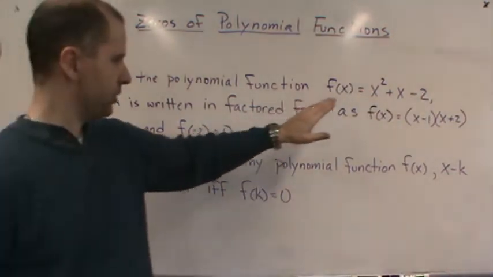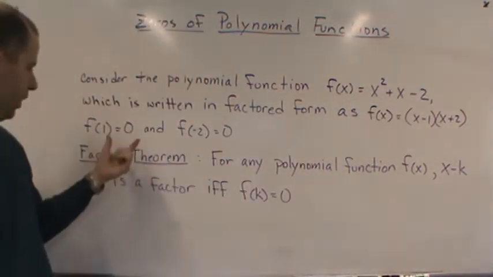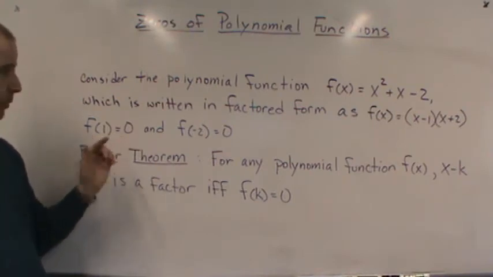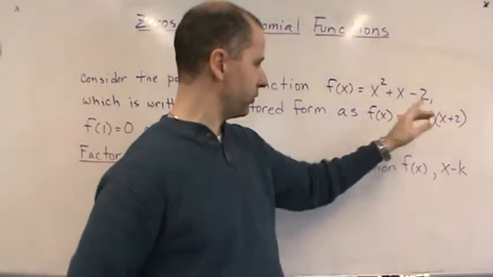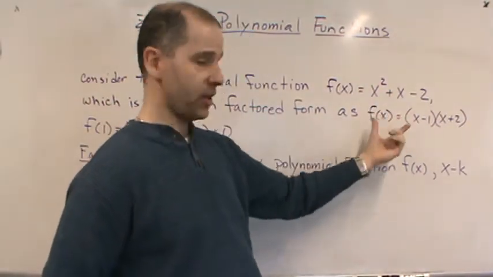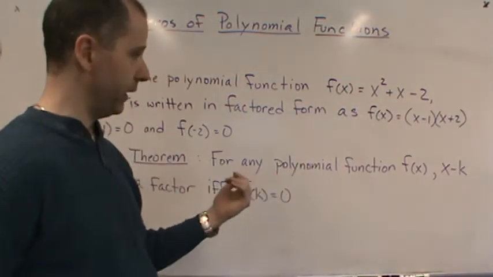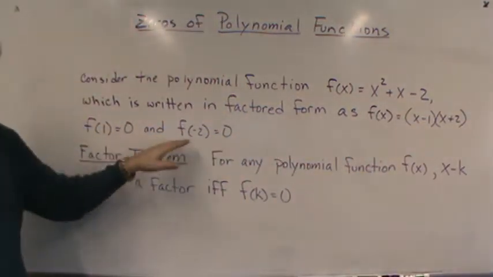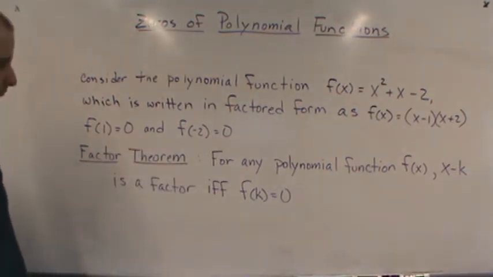Negative 2 is also a 0 of this polynomial function because we can show by using the remainder theorem that this is equal to 0. But again, we're just using factoring, right? So this is a very simple example just to show you the relationship between being factored and having a 0. So that leads us to the factor theorem.